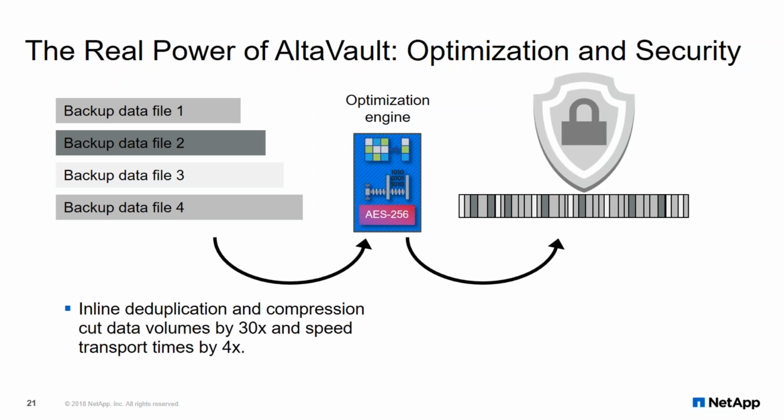So the nice thing about having this inline deduplication and compression is it really can cut down the amount of data that you have to send out, as well as the amount of data that you have to store. And both of those are very good things because it removes a lot of the requirements around using Amazon as a storage target over your WAN-based or maybe dedicated internet connection.